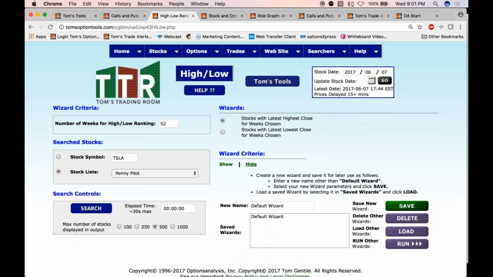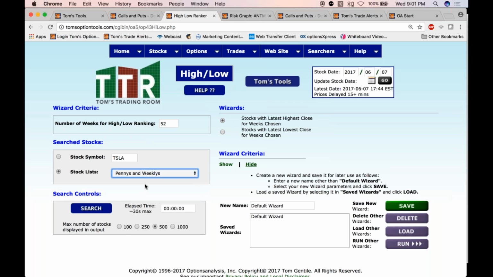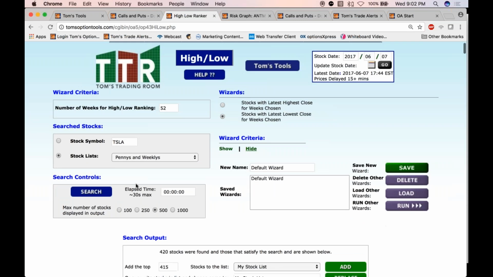From here, I'm going to look at my pennies and weeklies, the stock list that I just created with you not too long ago. And I'm going to look at stocks with the lowest close for weeks chosen. Let's see what is down in the dumps right now in terms of the top 419 stocks and ETFs.